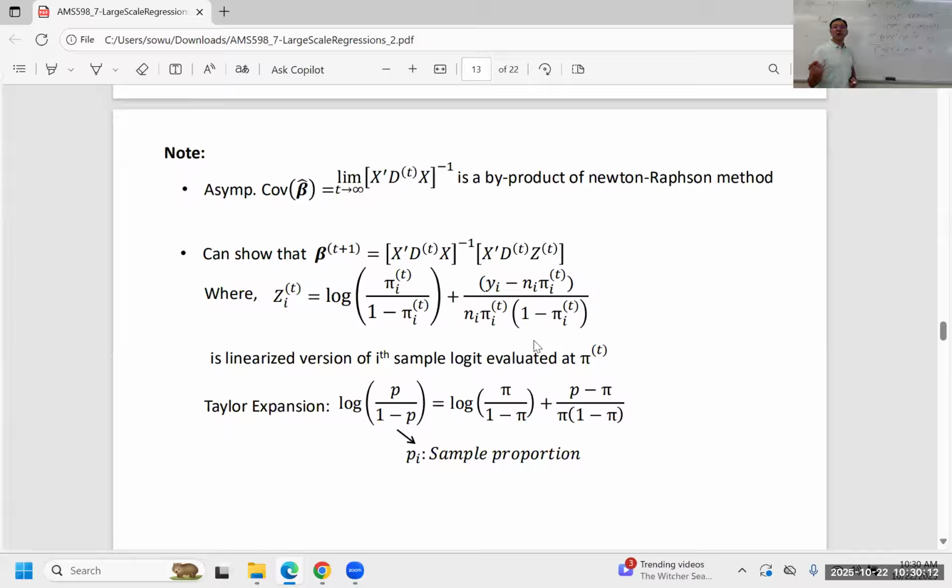So we break down the non-linear problem, which is maximizing the log likelihood function for the logistic regression, into a sequence of iterative steps, and each step is indeed just a linear regression problem. You can solve the linear problem within MapReduce for big data. You know how to solve the linear problem. We already talked about it.